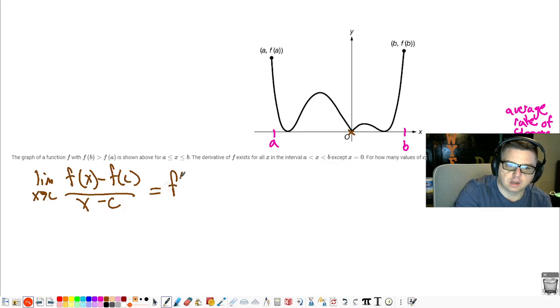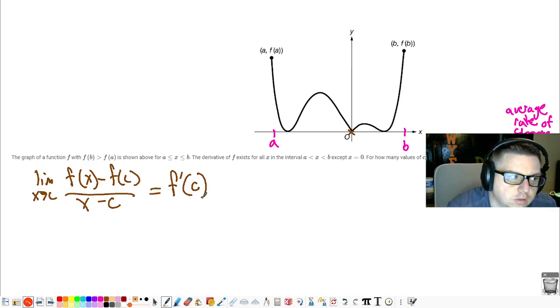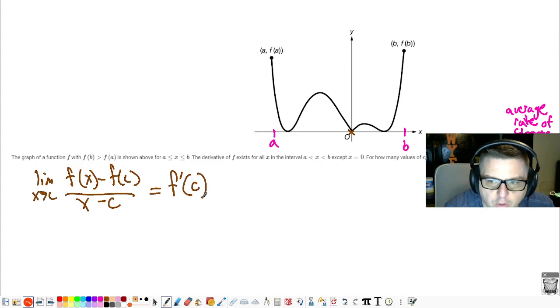They're once again talking about the derivative at a value. So the instantaneous rate of change, the slope at that point, or the slope of the tangent at that point, sorry.